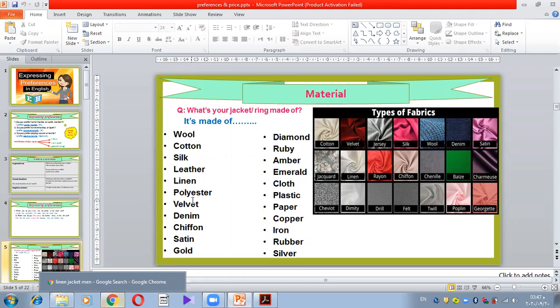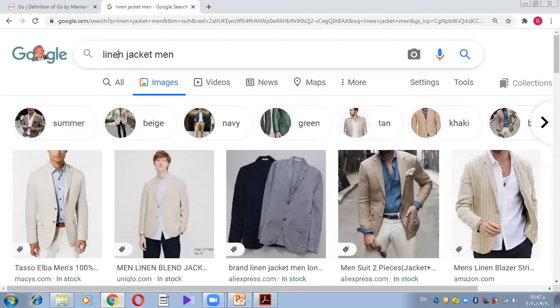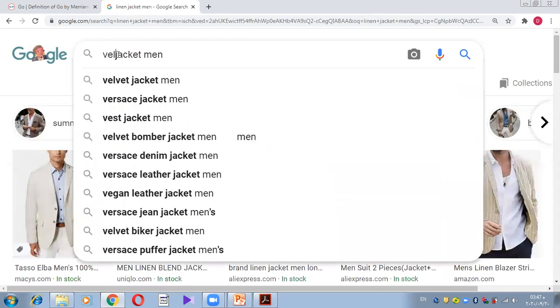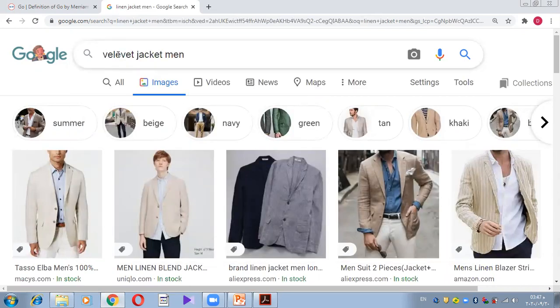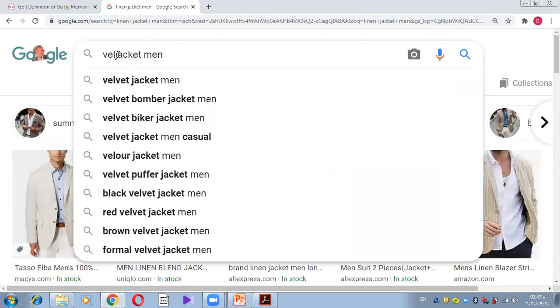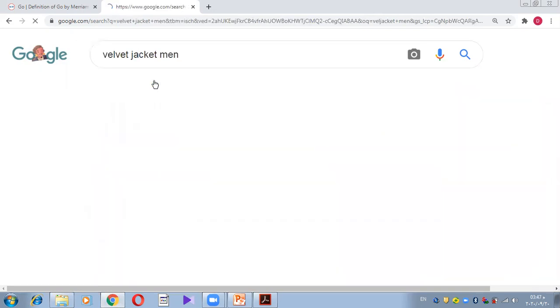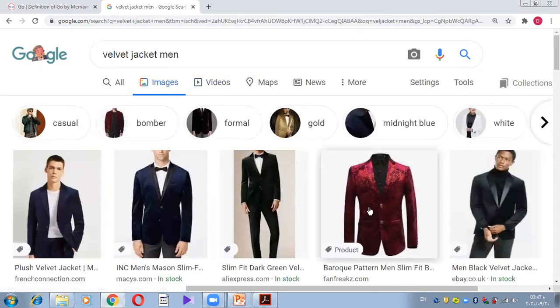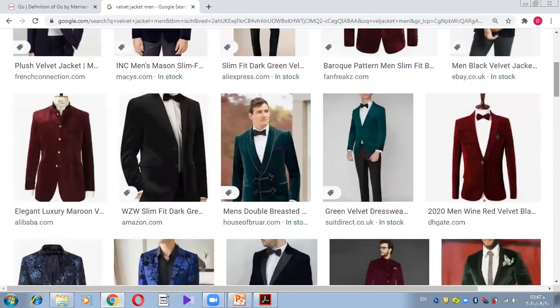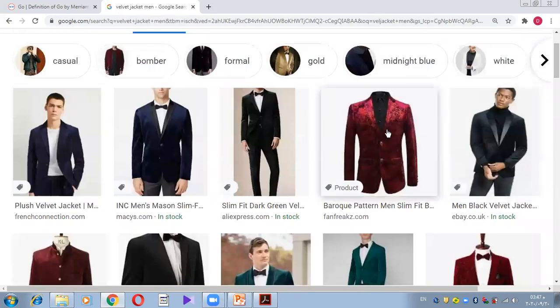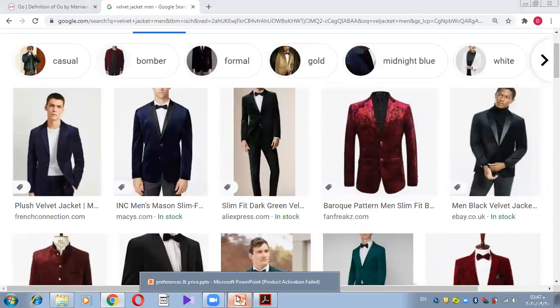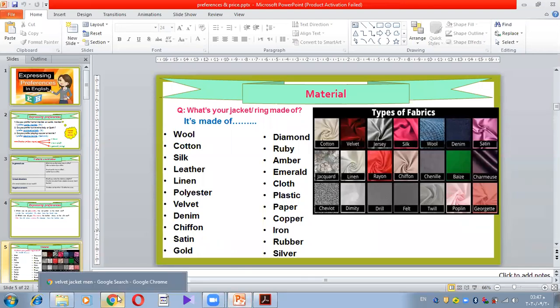It's the same like Arabic polyester. Velvet. Velvet is just like this. That's velvet. Okay, do you see? Like this. I think it's clearer from the first picture even, like this one. Okay, denim.